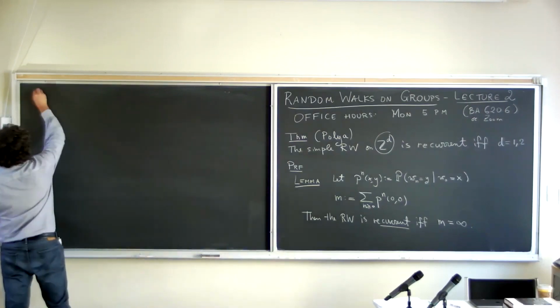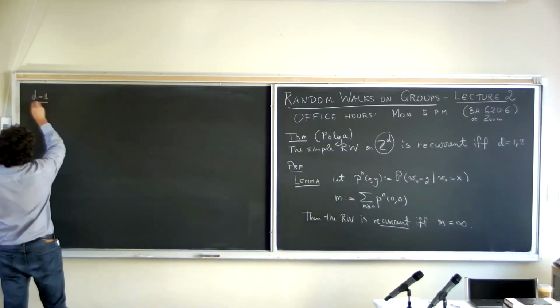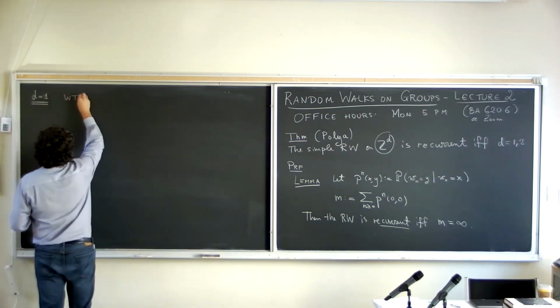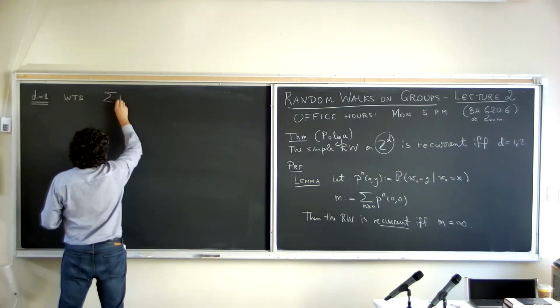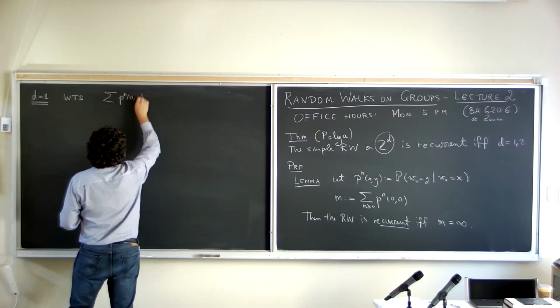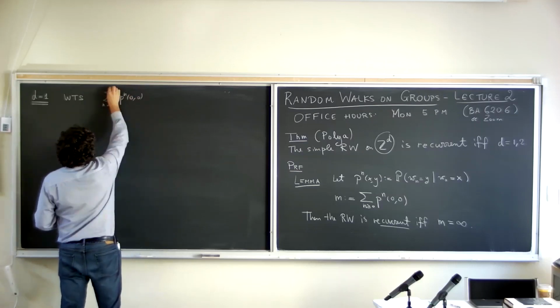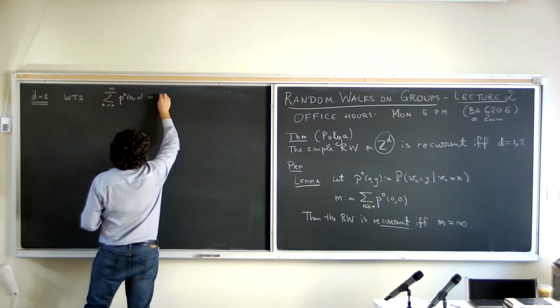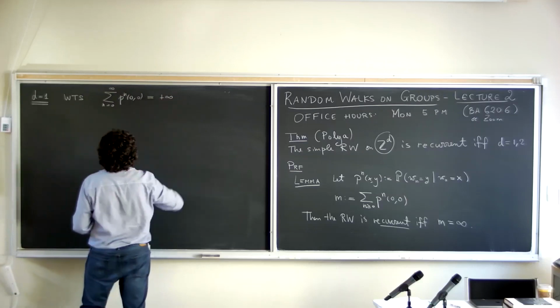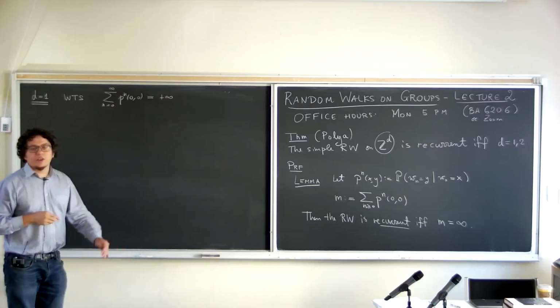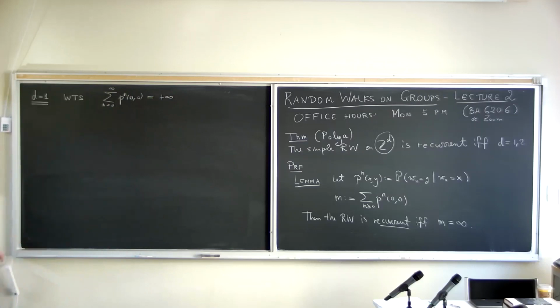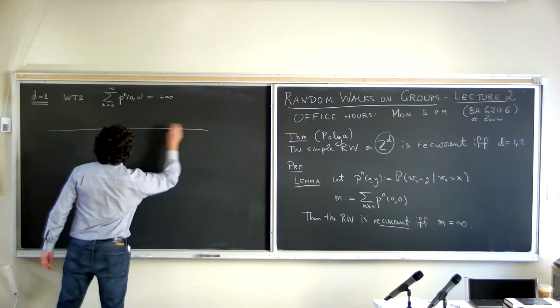So let's do d equals 1, where we want to show that the sum of P_n(0,0) is divergent, because this would be equivalent to the random walk being recurrent. And now, fortunately, in one dimension, we can do the calculation.